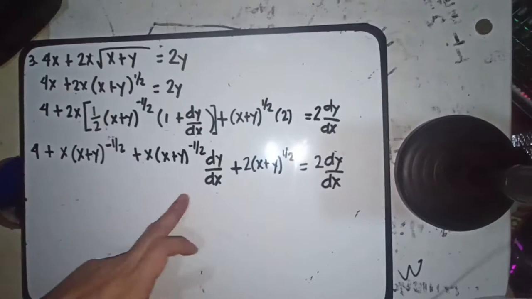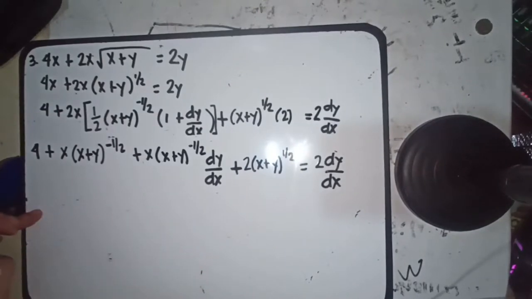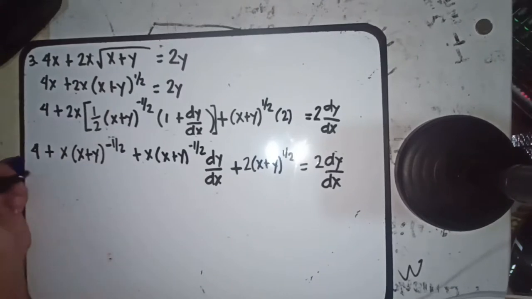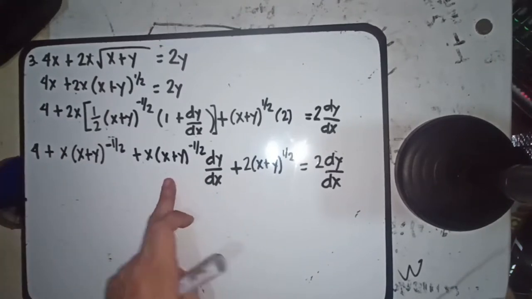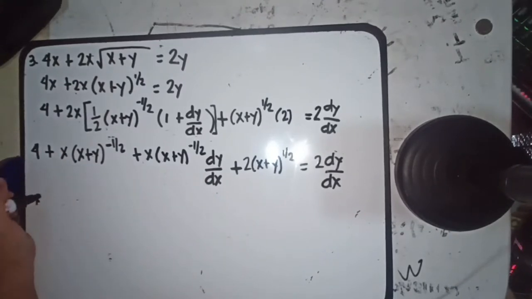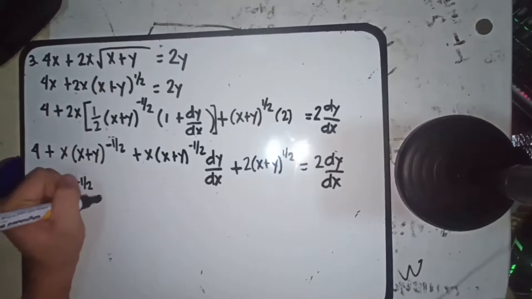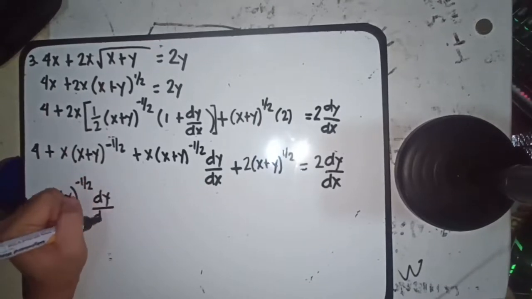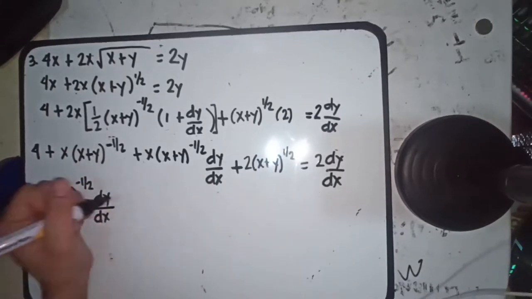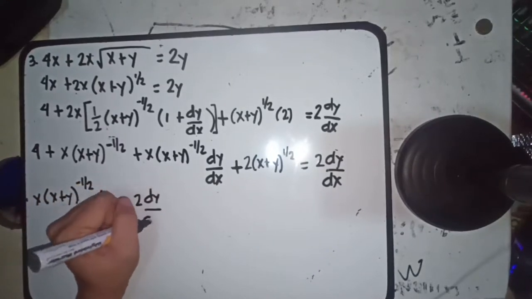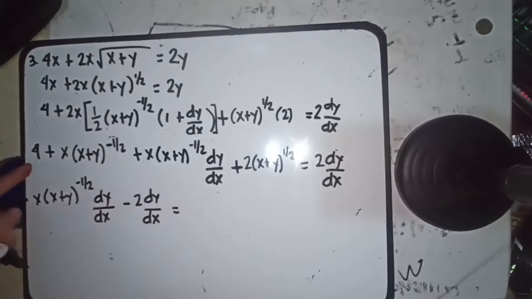Okay, next, the dy over dx terms, we isolate here, and then the rest of the terms, we transpose to the left side. So, what remains here, we have x times x plus y raised to the power of negative 1 half dy over dx. Then, transposing, we have minus 2 dy over dx. This is equals to 4.